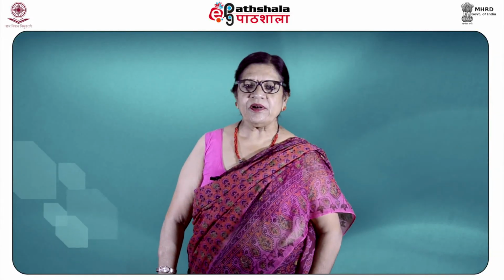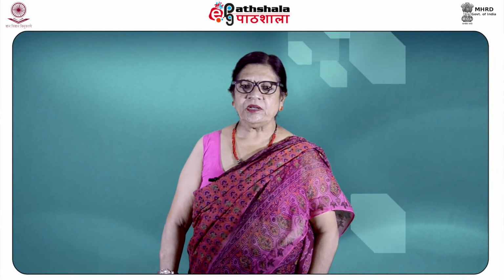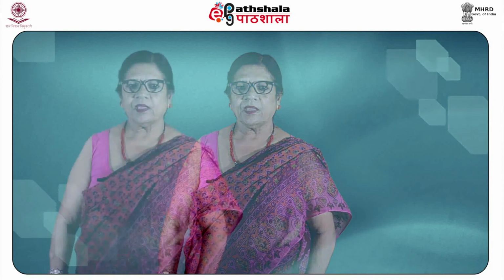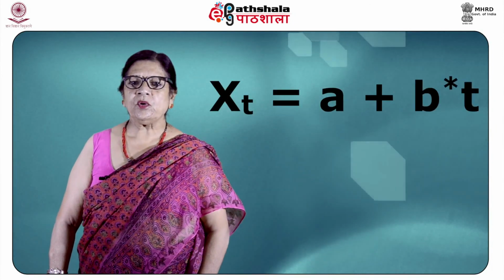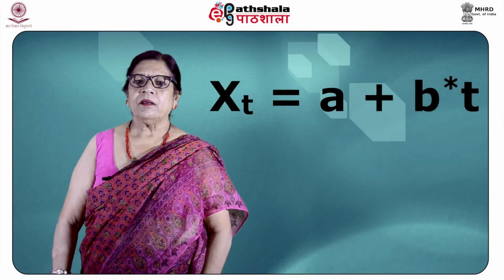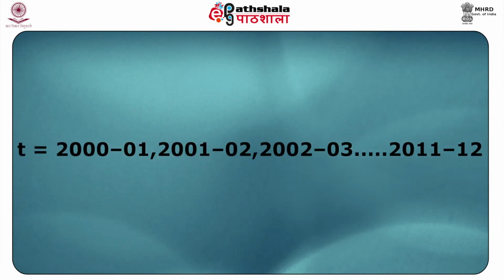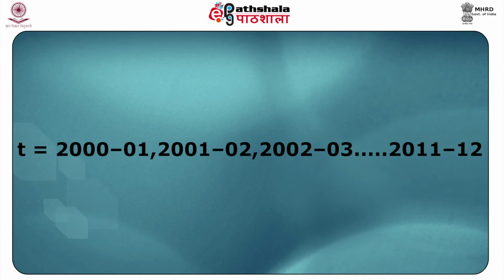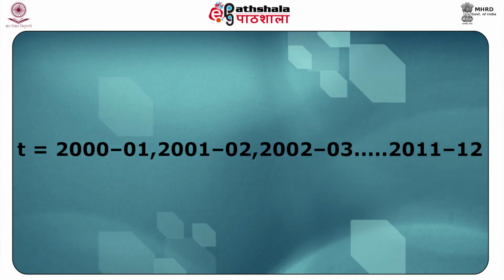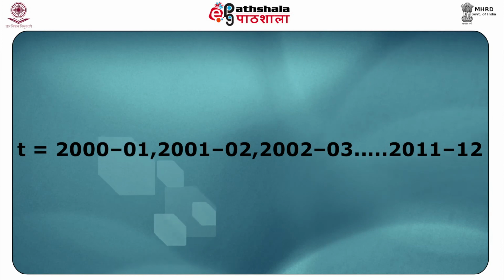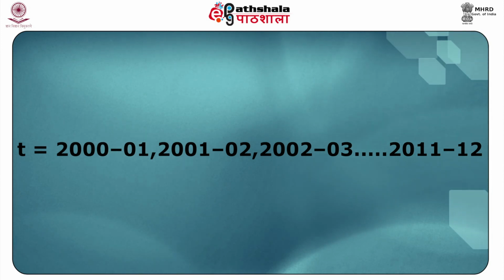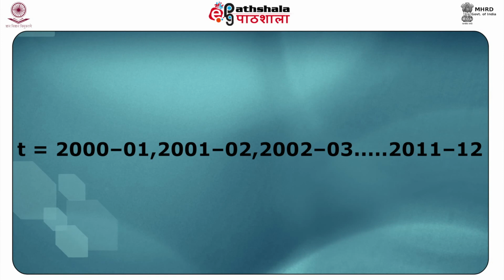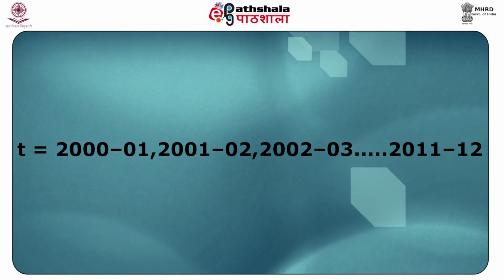We can generalize this linear relation between time and sales of the product X as follows. X_T is equal to A plus B T, where X_T is equal to total sales of the good in period T, T is equal to 2000-2001, 2001-2002, 2002-2003 up to 2011-12.